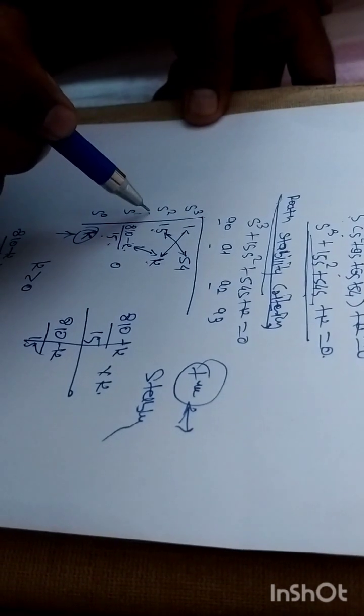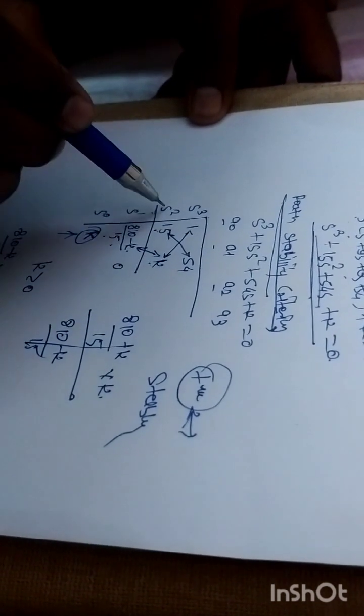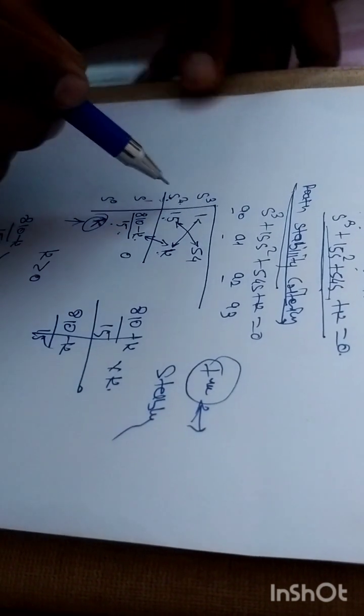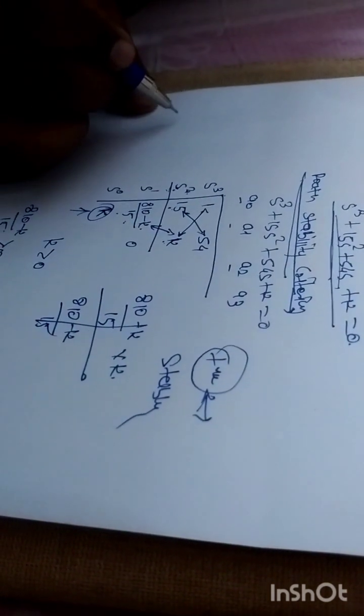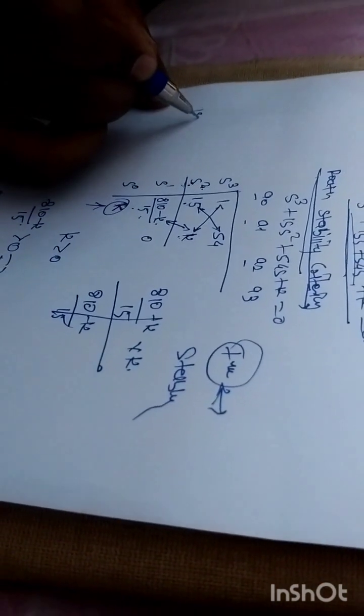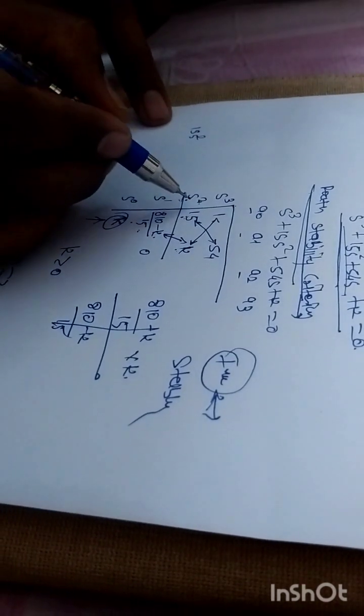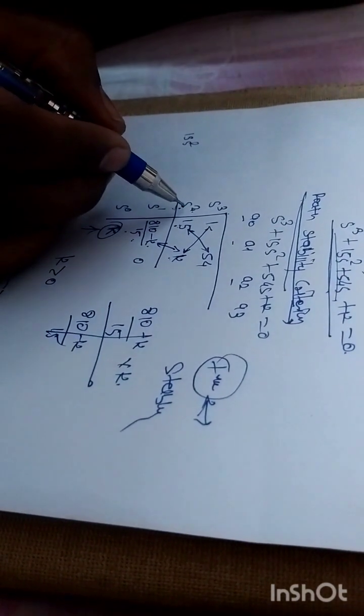Auxiliary equation means the elements belonging to row number 2, whose power is s raised to 2. So when we consider this auxiliary equation, it will become 15 times s square, s raised to 2.